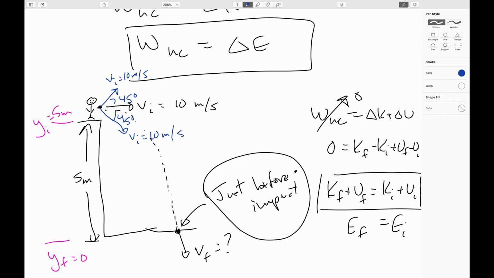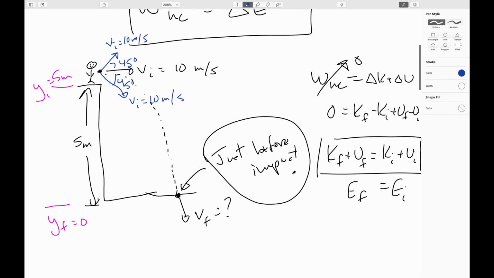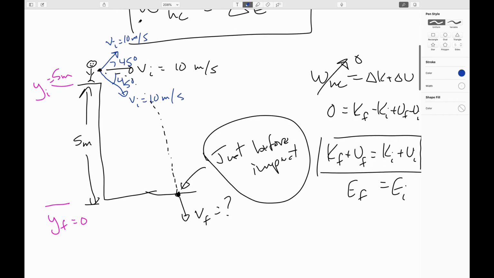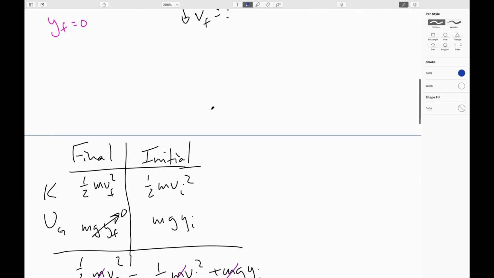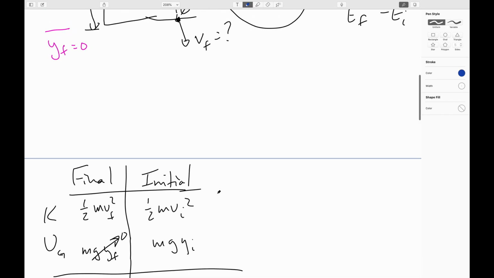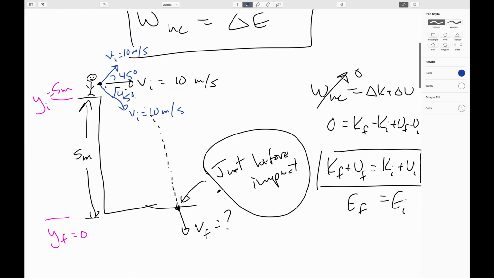Okay, so you're probably going to be a little annoyed about it, but let's just think about what happens here. So I can go ahead and write down my initial kinetic energy. It's still this exact same value, 1/2 mv initial squared. Kinetic energy only is associated with the mass of the object and how fast it's moving.